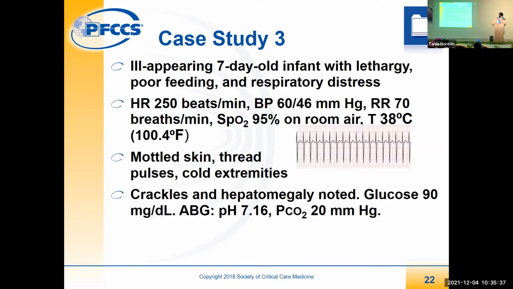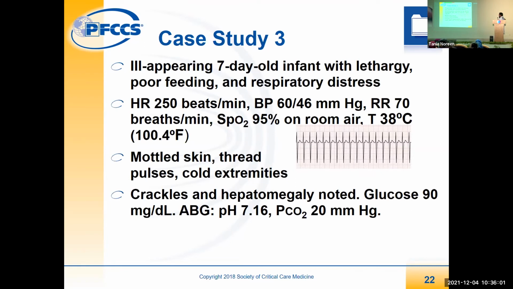So, a 7-day-old infant, lethargic, poor feeding, respiratory distress, tachycardic, pressure is on the lower side, tachypneic, SATs are okay, a bit febrile, mottled skin, cold extremities, crackles, hepatomegaly.